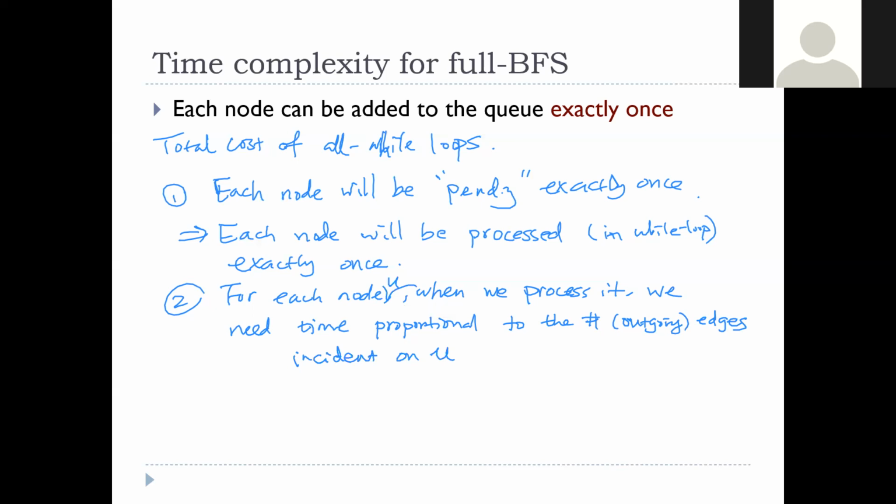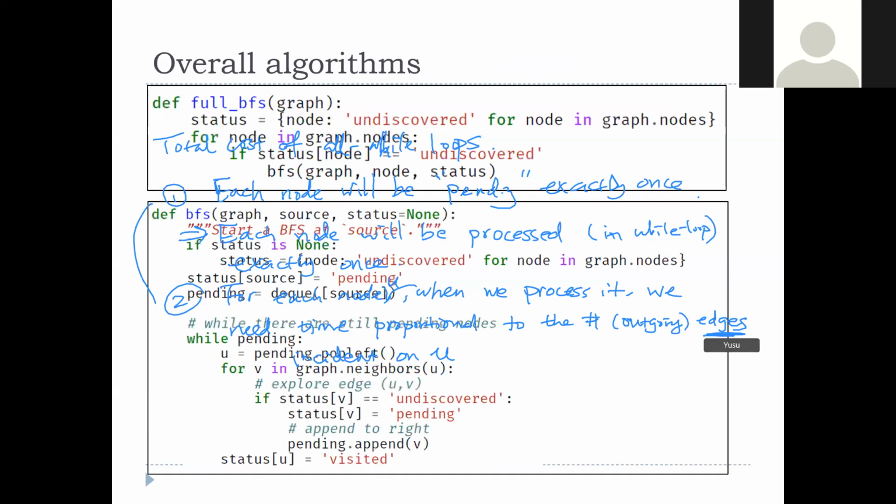So this cost for node U is proportional to the number of edges incident on U.